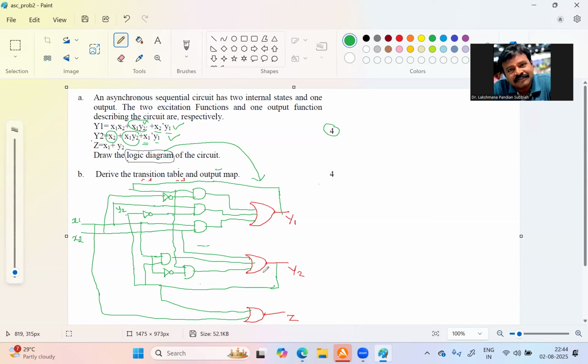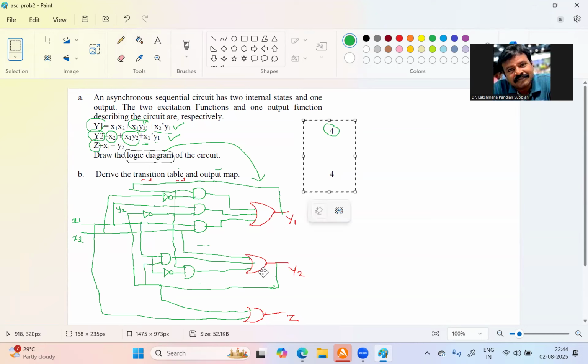From the map table we draw the excitation variables y1 and y2 and also z. That is what we are going to draw now.